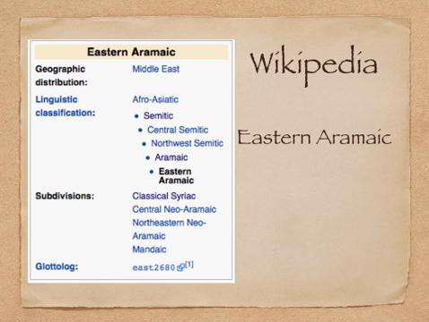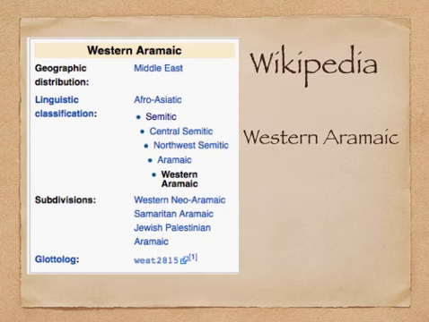But if we look at Western Aramaic now, we get Western Neo-Aramaic, Samaritan Aramaic, and Jewish Palestinian Aramaic. So think now of Palestine and Israel and Jordan. What this breakdown says is that those would be in the Western branch of Aramaic, whereas Syriac would be in the Eastern branch.